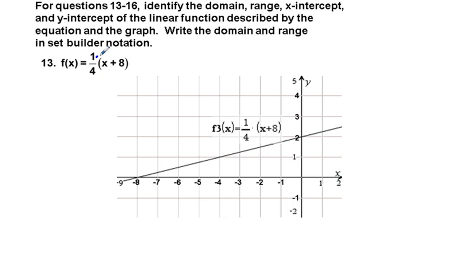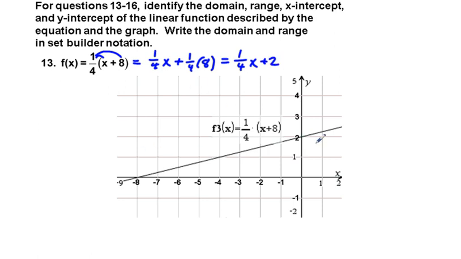So if we distribute this 1/4 to that x and that 8 inside the parentheses, we have 1/4 times x plus 1/4 times 8, and it's going to simply be 1/4 x, and then 1/4 times 8 is going to be plus 2.